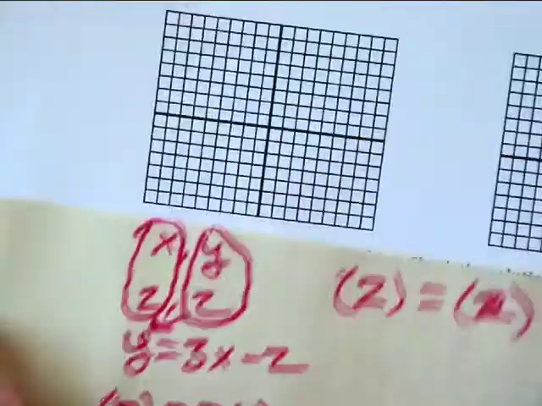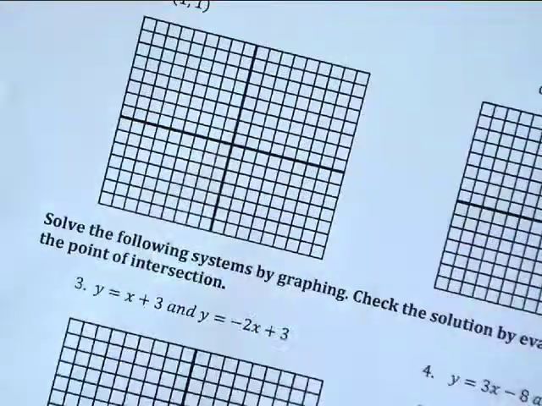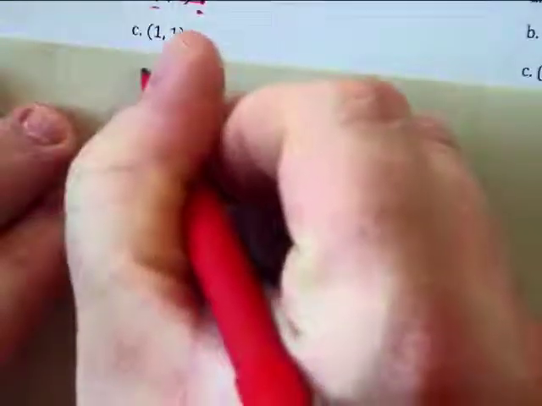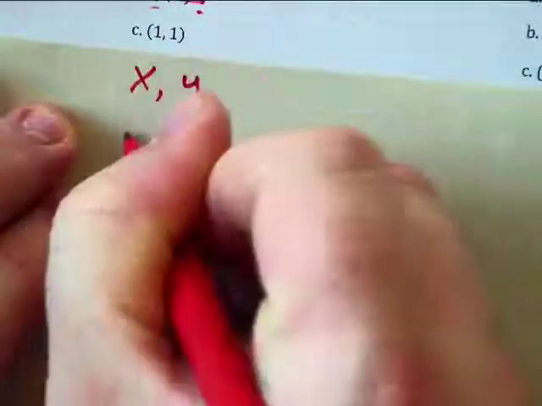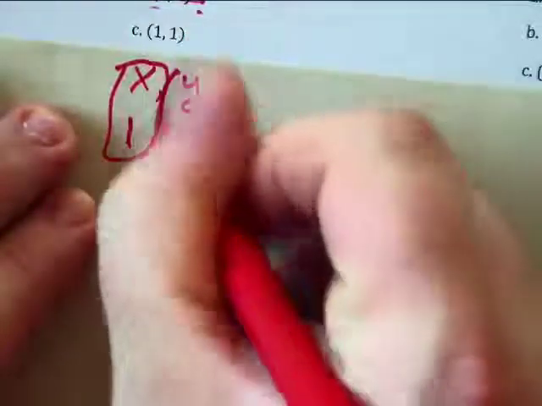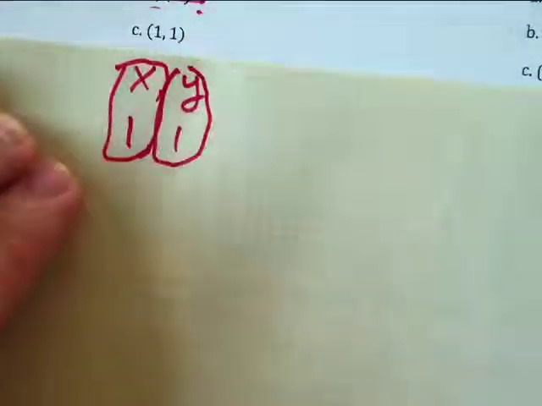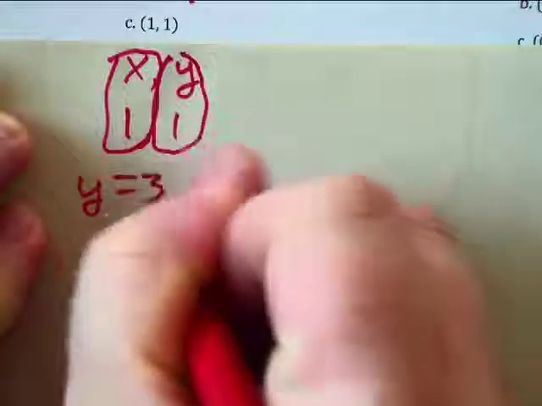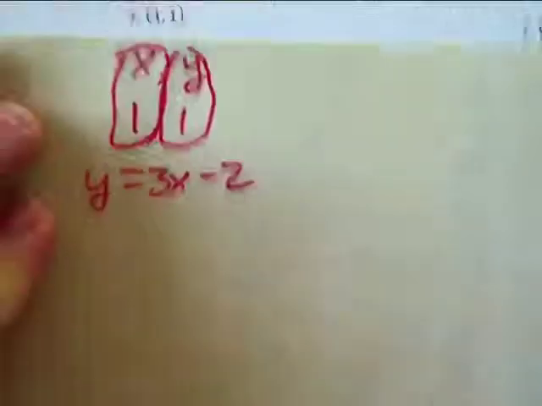Okay, and the last one, 1 comma 1. Again, let's plug them in. We have x comma y, which is 1 comma 1. So there's our x. Here's our y. Now let's plug it in. We have y equals 3x minus 2, and I'm just getting that from the problem up there.